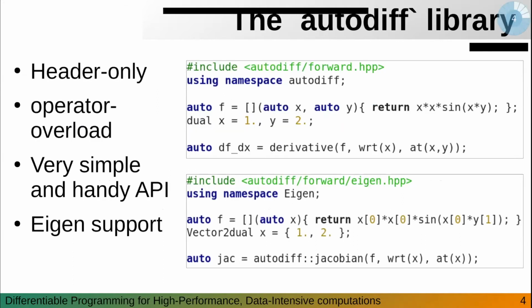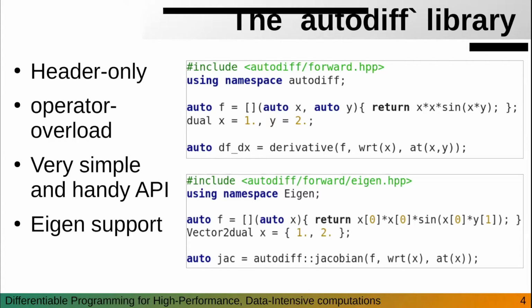I will show quickly how the API of Autodiff looks. I think it's a very well designed API which uses these new C++17 features. Autodiff provides, for example, for the forward mode, this type dual, which allows the program to trace the control flow and to compute the derivatives.